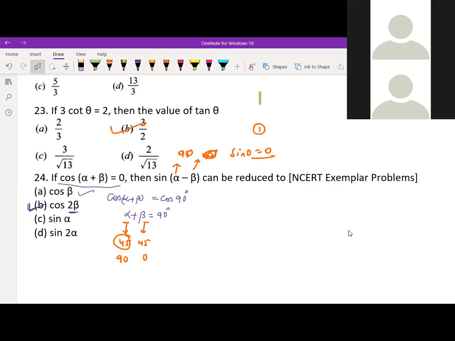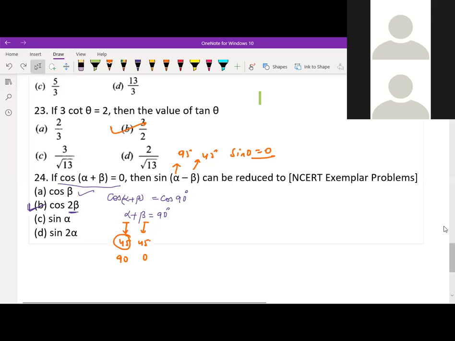And cos 2 beta would be cos 0. Beta is 0, so cos 0 is 1. You got the answer, right? Any angle you put, you'll get the correct answer.